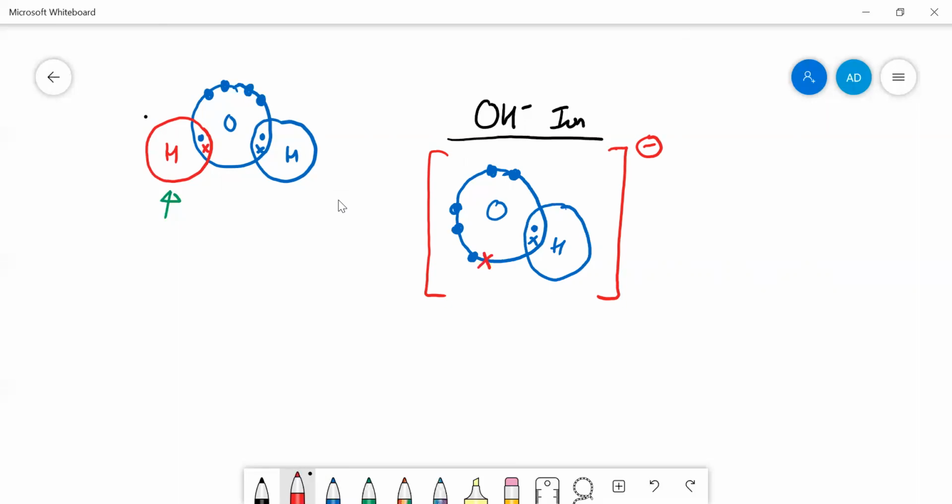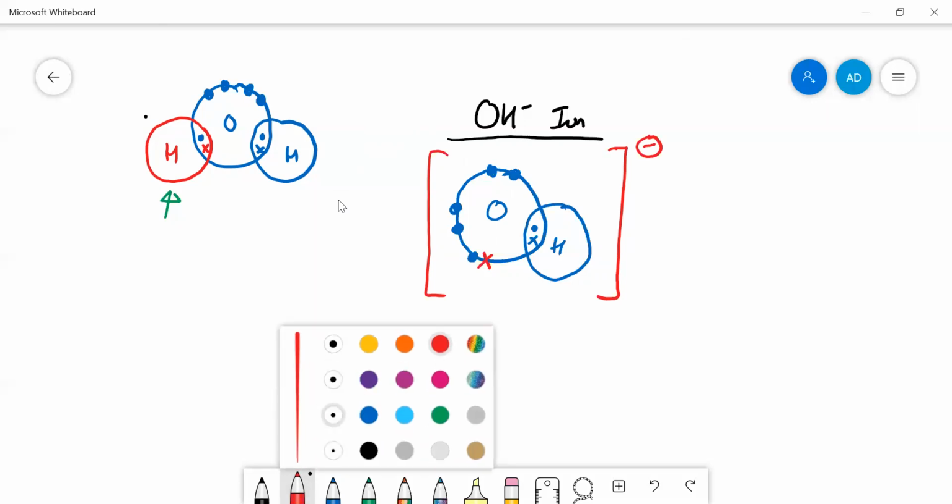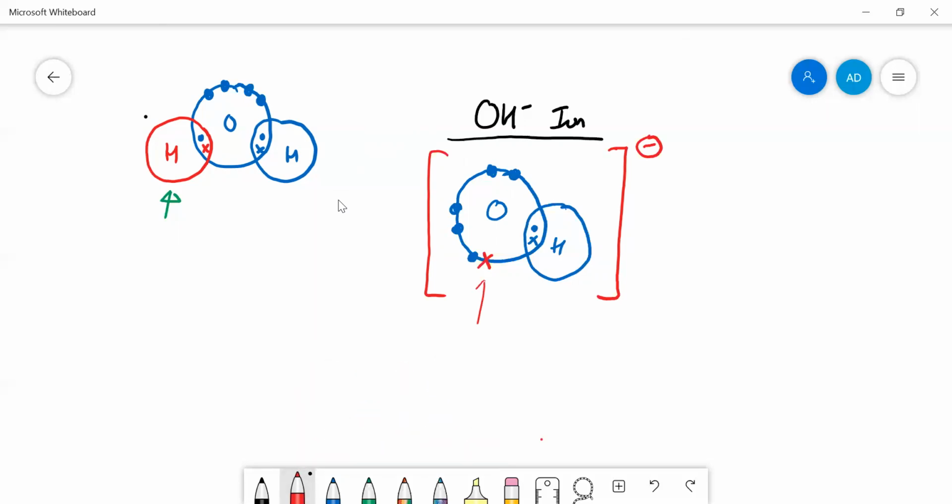Another important thing to realize here is that the negative charge isn't just sitting on that electron there. The negative charge is on the whole ion because you've got so many protons in the nucleus of oxygen, 8 protons there, and you've got 1 there, so you've got 9 protons. But you've actually got 10 electrons.